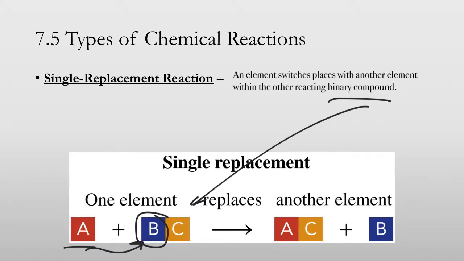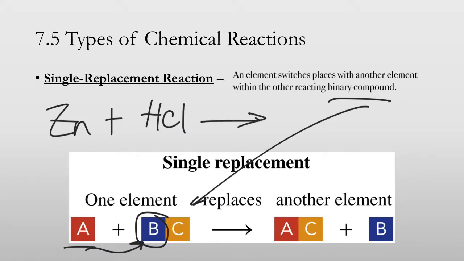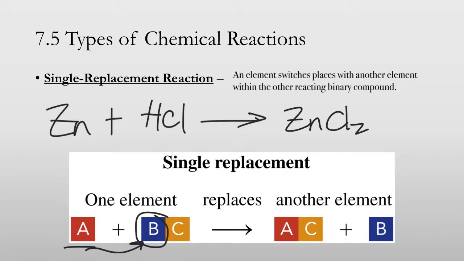All right, an example of a single replacement reaction could be if I take zinc metal and I react it with hydrochloric acid. Those will form zinc chloride and hydrogen gas. And there's your balanced equation. So the zinc has replaced the hydrogen.